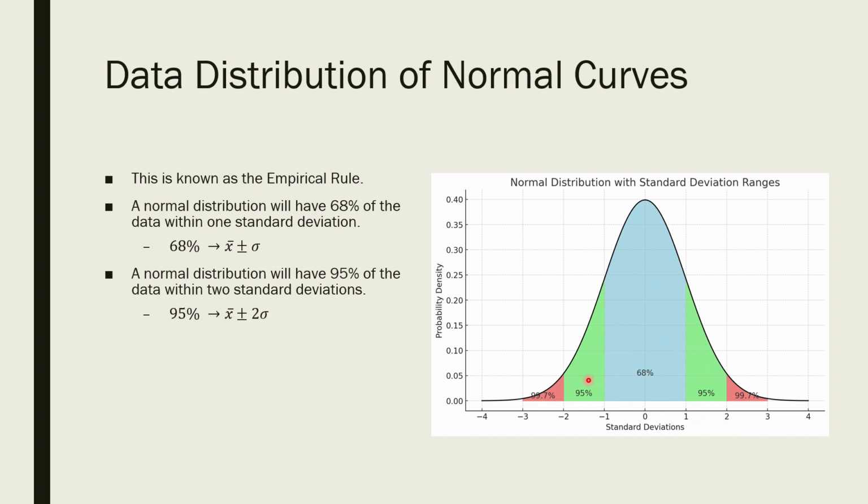So it includes the green and the blue to make all 95%. And then if we go 3 standard deviations, we get 99.7%. So red, green, and blue add up to 99.7%.